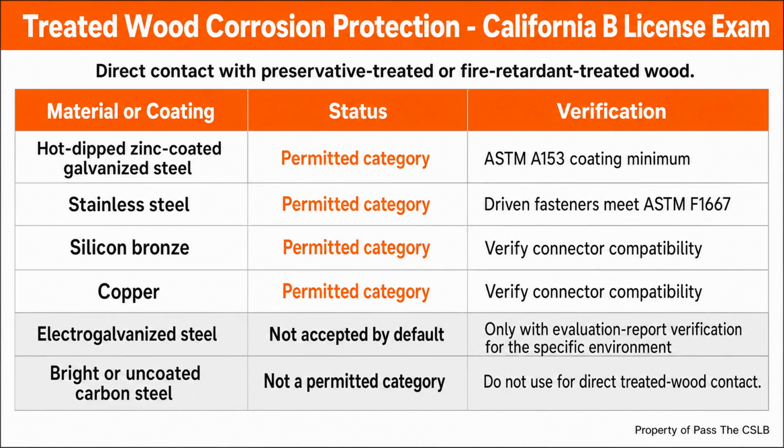The source-backed material identifies hot-dipped zinc-coated galvanized steel, stainless steel, silicon bronze, and copper as permitted material categories for this contact condition. For zinc-coated fasteners, the coating weight must conform to the ASTM A153 minimums. Stainless steel-driven fasteners must meet the material requirements of ASTM F1667. The practical reason is compatibility.